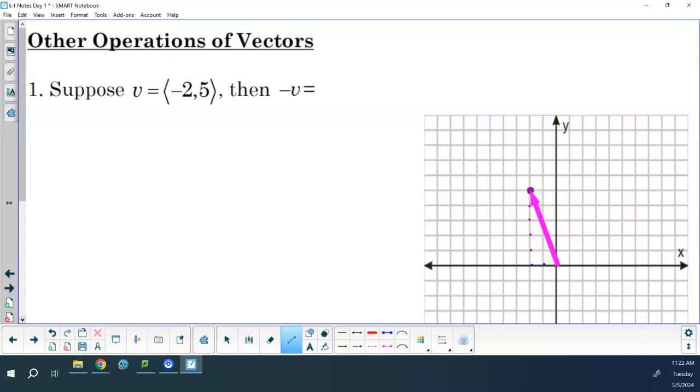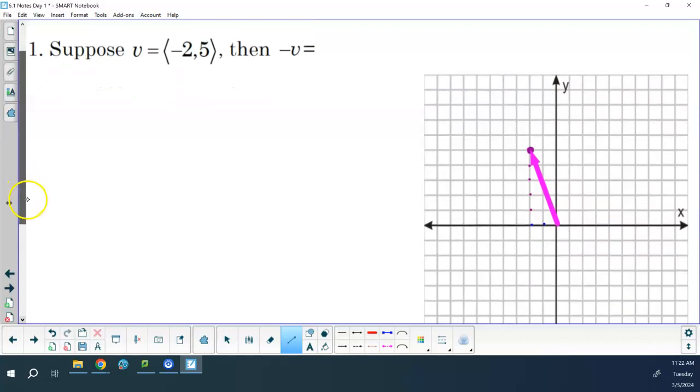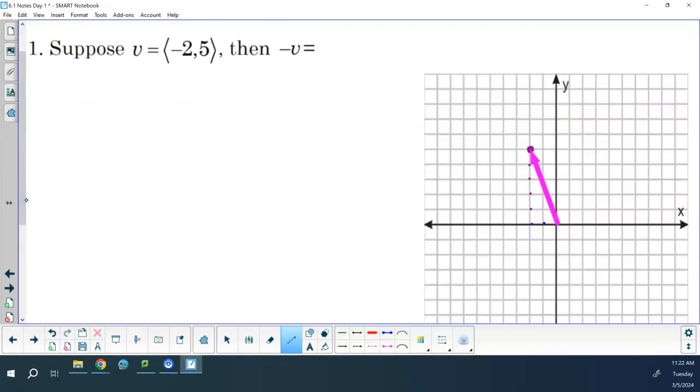The opposite of v. Okay? Well, this v has a direction, right? And it has a magnitude. That's a specific length. So the opposite of v, would the length change of vector v? No, what's the only thing that's changing? The direction is changing. So instead of the vector going up and to the left, the vector is going to now go down and to the right. 1, 2, and 1, 2, 3, 4, 5.